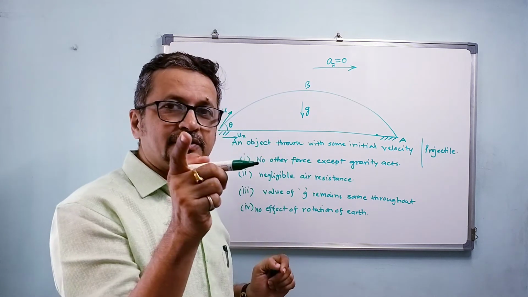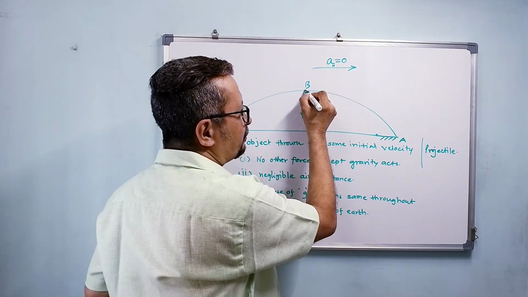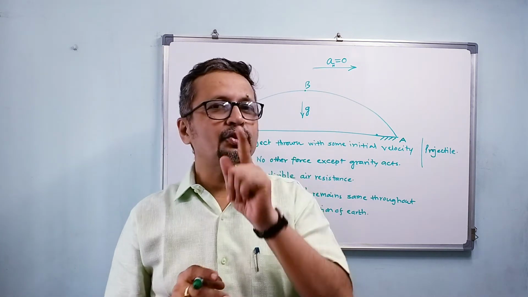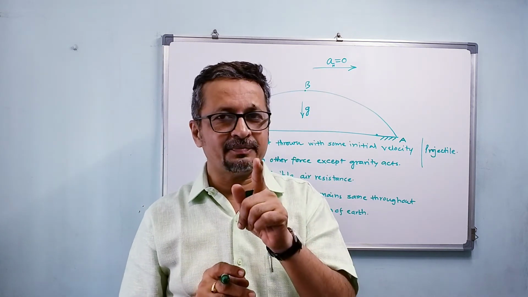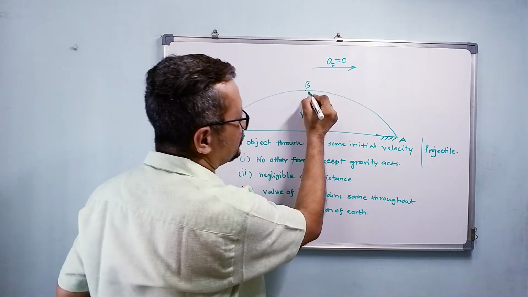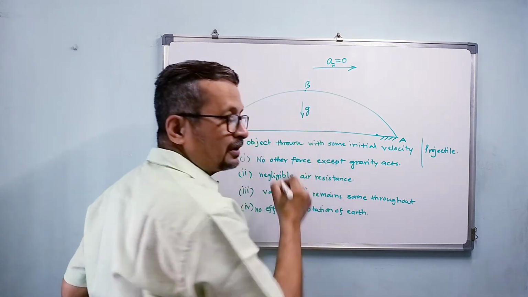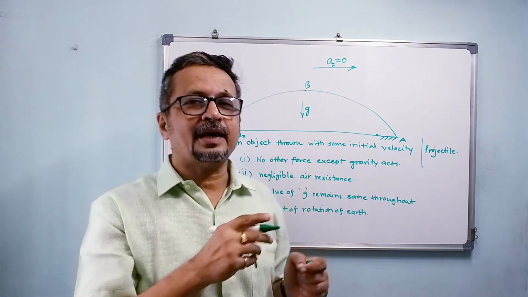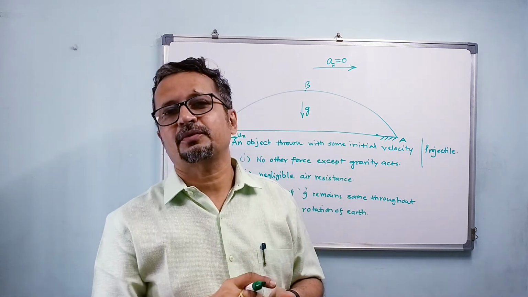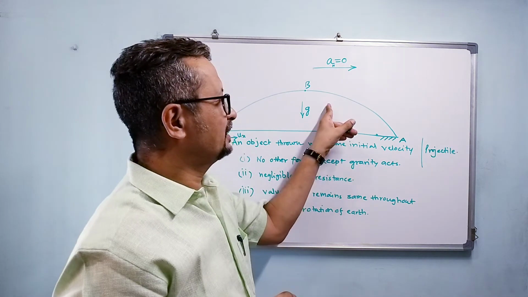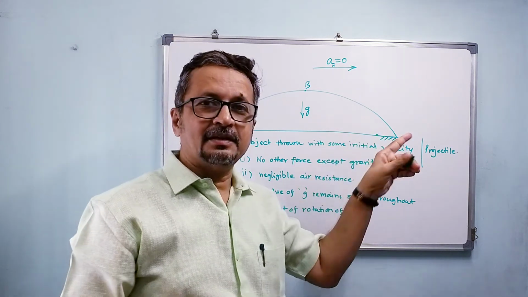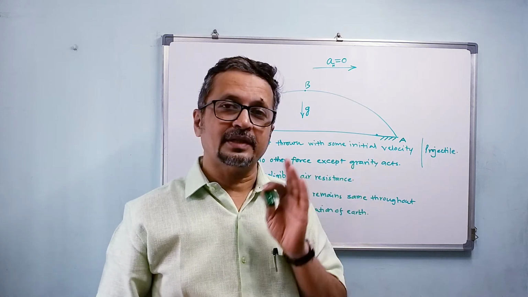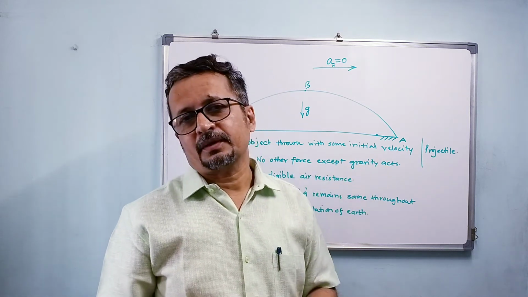That is the reason why my vertical velocity over here becomes 0, but the horizontal velocity still remains the same. Correct. And with that velocity, it starts moving further. From the maximum height, the downward velocity will keep on increasing, and finally my projectile will land on the ground, right. So that is the basic logic behind this.